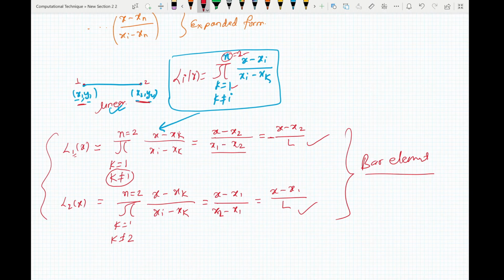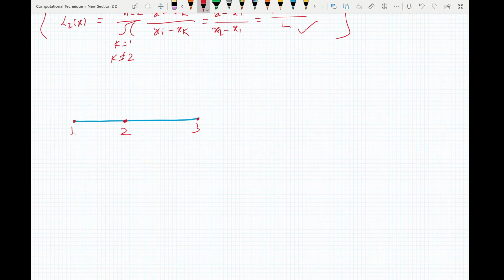So let's try this in obtaining shape functions for a bar element having 3 nodes. In this case, when you plot your shape function for n1 as per the definition, this should be equal to 1 here, and then this should be equal to 0 here, and this should also be equal to 0 here.